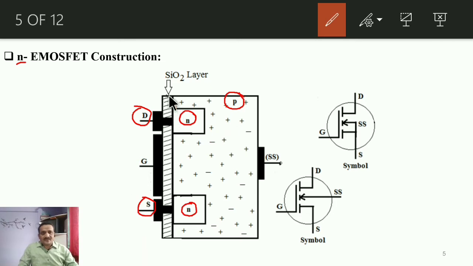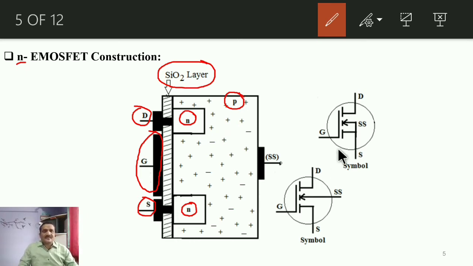Now there is a SiO2 layer, as shown over here, which acts as a good insulator, and above that insulator layer there is polysilicon acting as the gate terminal. You will observe there is no direct contact between the gate and the substrate. The SiO2 acts as a barrier, an insulator.